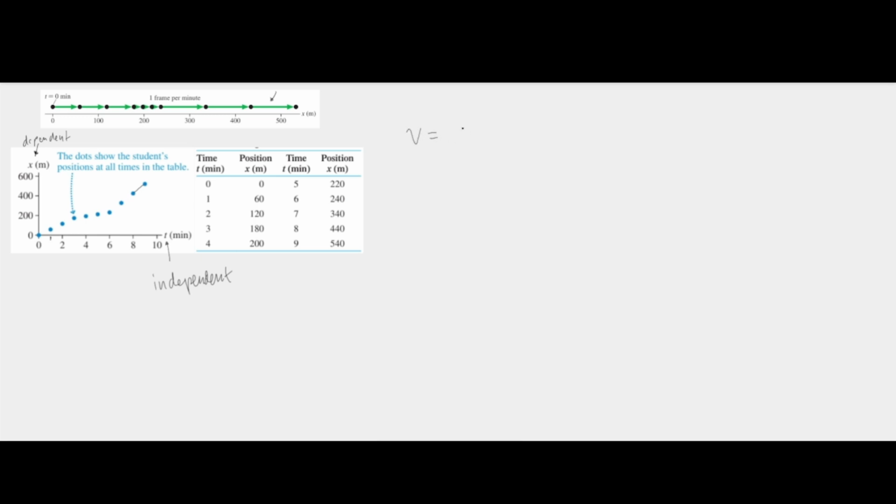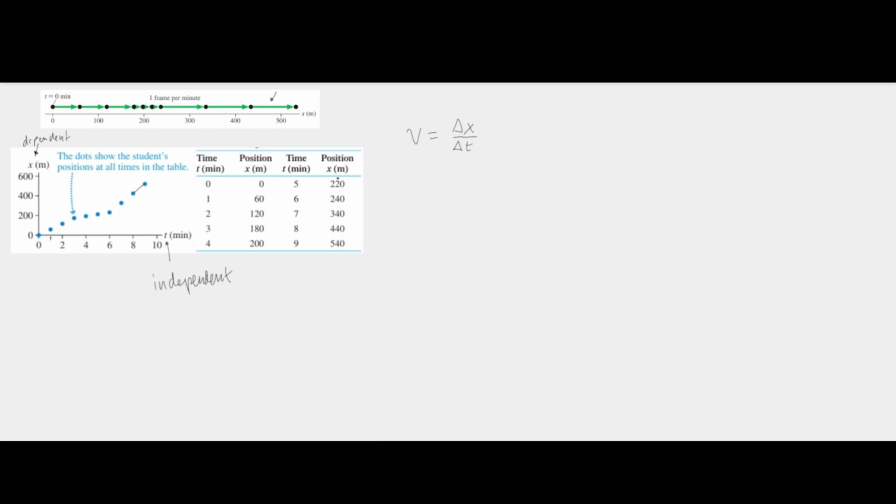Velocity is defined as the change in position with respect to time. So the position changes between time equals 8 seconds and time equals 9 seconds. Clearly, the position is changing as well, because if we look at our chart, it goes from 440 meters to 540 meters.